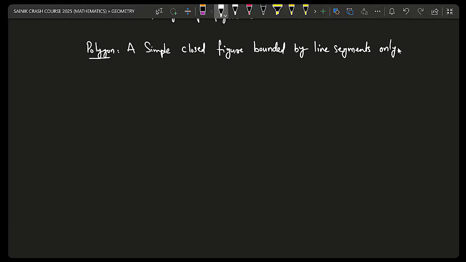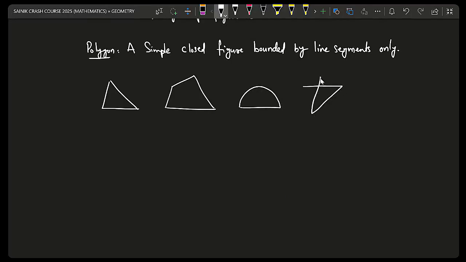I'll take several examples to make you understand. Let's take a triangle first, and let's take a quadrilateral. Let's take a semicircle. Let's take a five-pointed star, and let's take a circle.